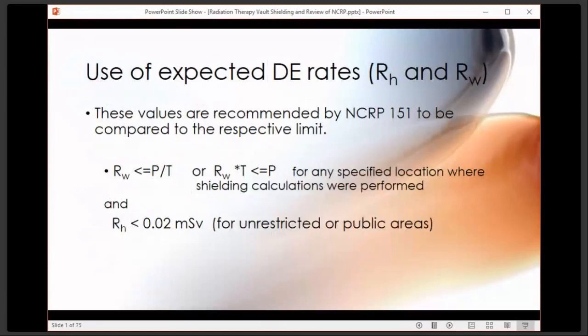So, summing up, our RW value is to be compared to the P over T ratio, and our RH value that's been computed should be less than 0.02 millisieverts in any public area.